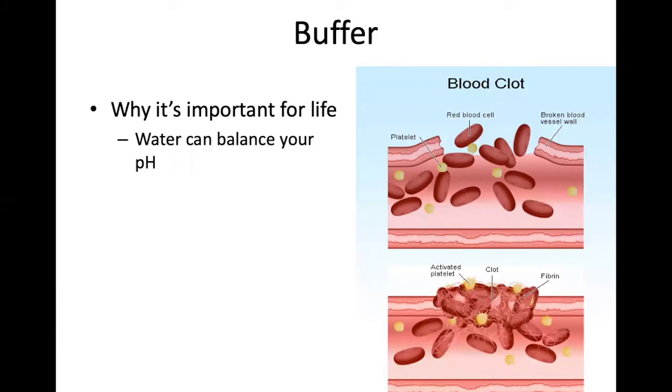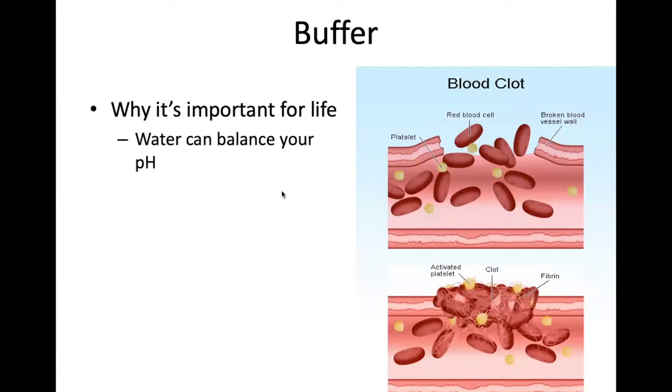Again, why is that important for life other than your stomach acid thing? Also, it's going to affect the chemistry in your body. The example I have here is building a blood clot, you may know as a scab, right? It takes certain chemical environments for a scab to form. If your pH is weird, you may not make that scab and you can bleed to death.